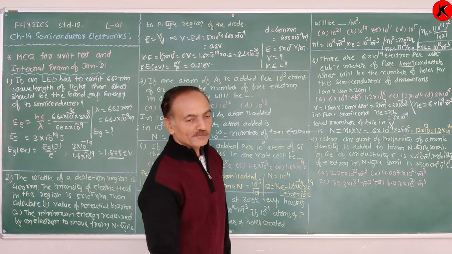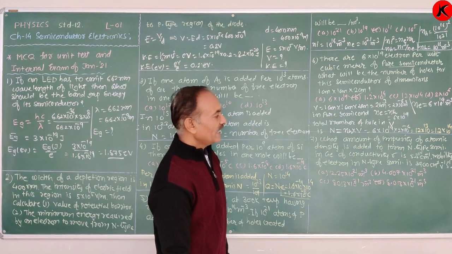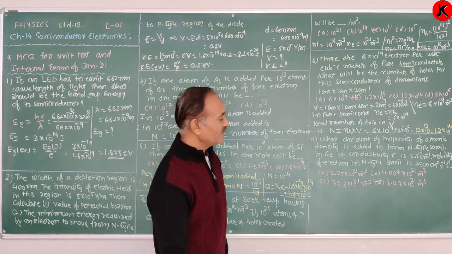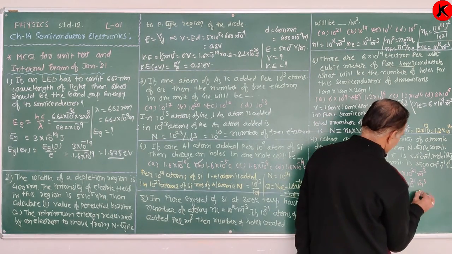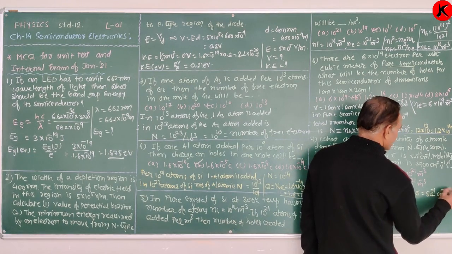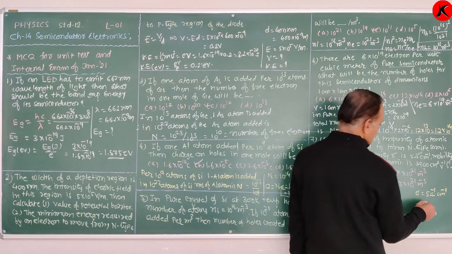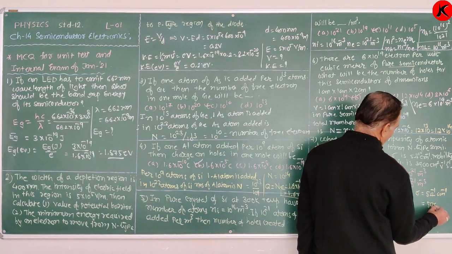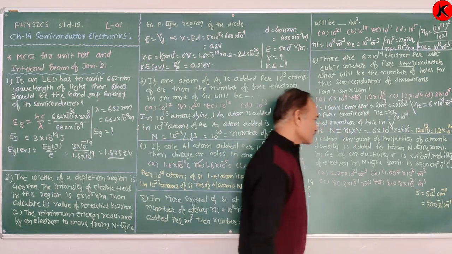What amount of impurity atomic density is added to form the N-type semiconductor in germanium of conductivity sigma? Sigma is given as pi ohm inverse centimeter inverse. So convert into meter, therefore 500 ohm inverse meter inverse.